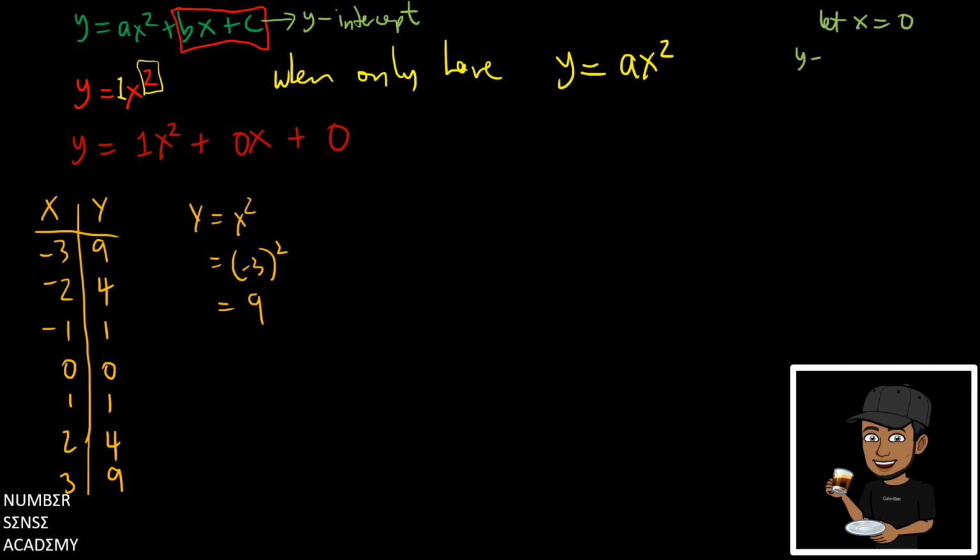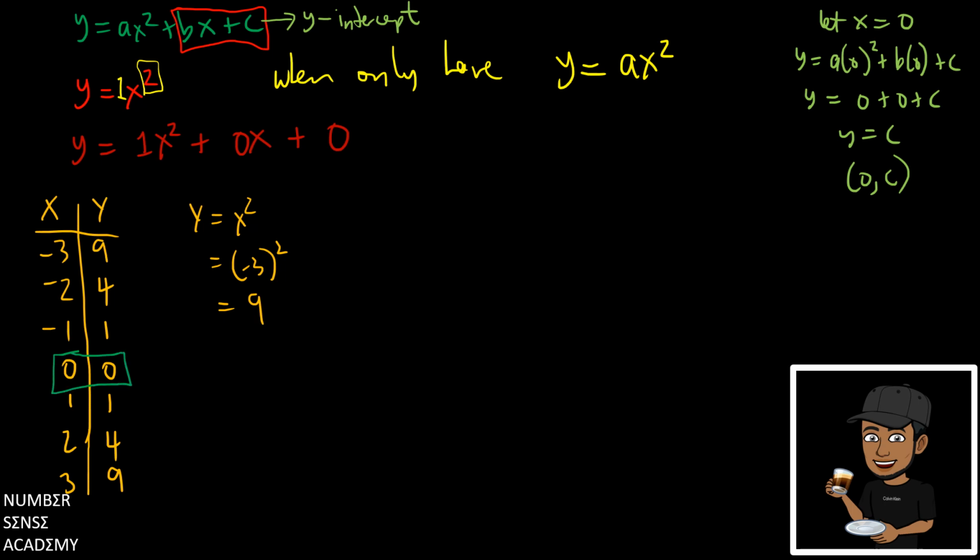If I sub that into this equation, I get a times 0 squared plus b times 0 plus c. So I get 0 plus 0 plus c, so y is equal to c. At the y-intercept, remember, x is always 0. If I look in my table of values, when x is 0, y is 0.